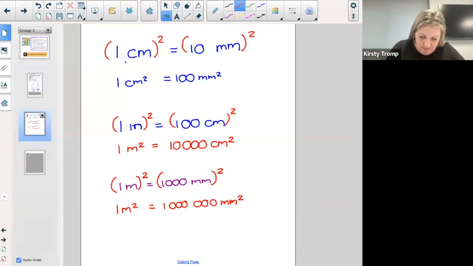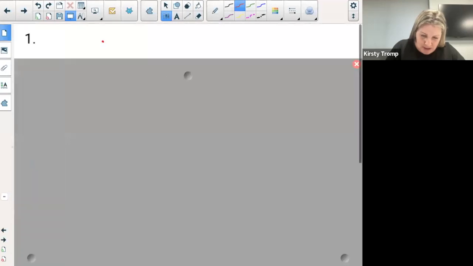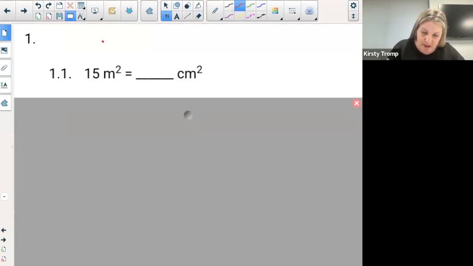All right. So if I'm looking at my practice questions, the first question says I want to go from meters squared. Do you see this? This is the thing that's telling me I'm going from squared to squared. So I always say to myself, if I'm going from squared to squared, I'm going to start with the ones first.